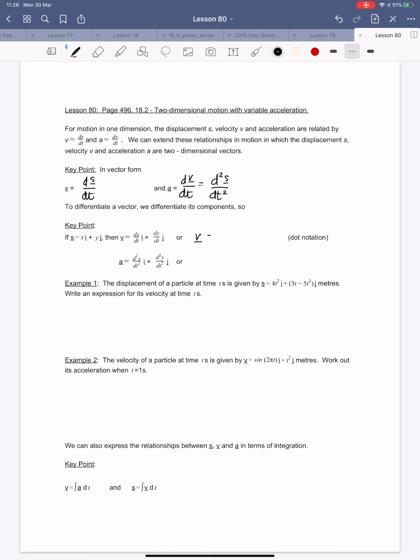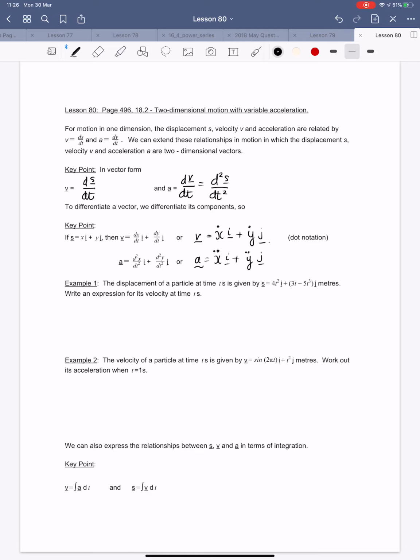And we can say v is x dot i plus y dot j. Or this acceleration, which is double dots. I don't use this notation very much, but you might see it somewhere. So 1 dot is the first derivative, 2 dots the second derivative.